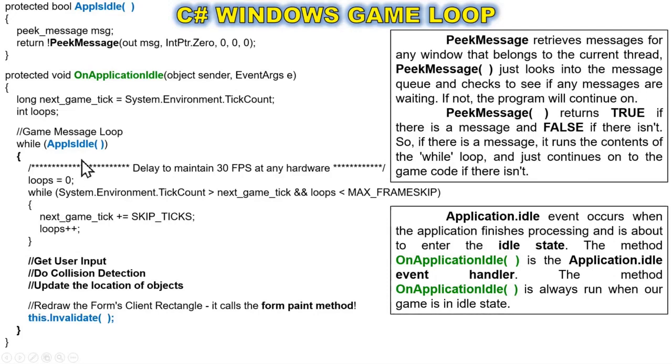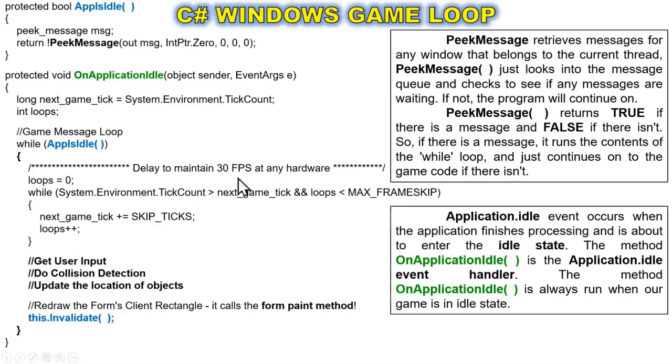Inside the method OnApplicationIdle lies the game message loop or game loop. This game loop will delay to maintain 30 frames per second on any hardware. Without this delay, if we run on a high-speed CPU such as an Intel Core i9, then all objects move very quickly, very fast, and it will affect the gameplay.